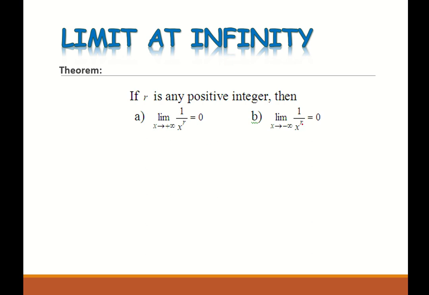Similarly, for this part, you have x, a large number, which is infinity, a number we cannot determine, but assuming it is very huge, you raise it to a certain power, so that makes the whole thing, this time negative infinity, much bigger in magnitude. So 1 divided by a very big number becomes 0.